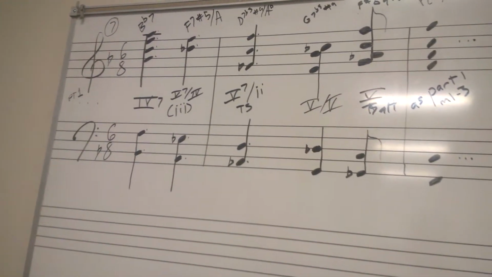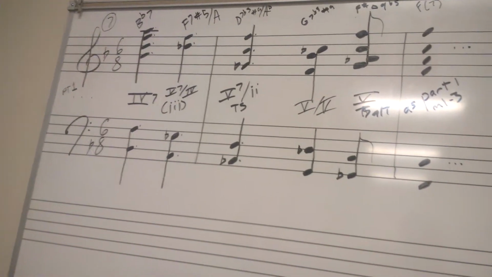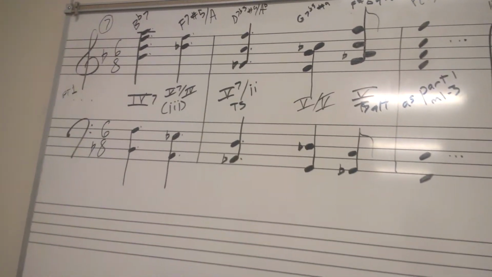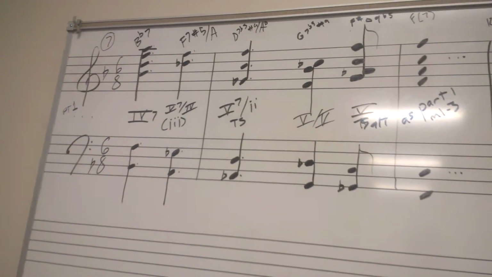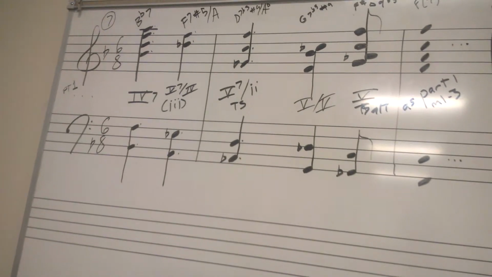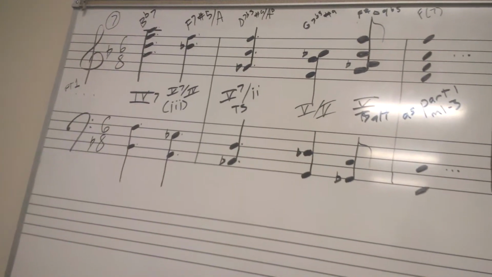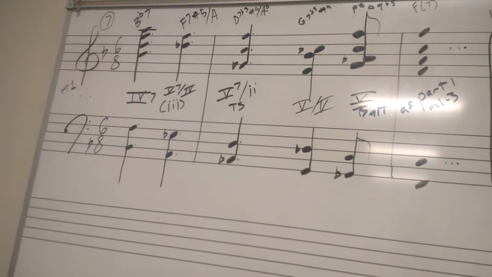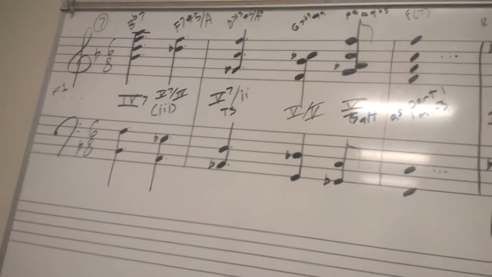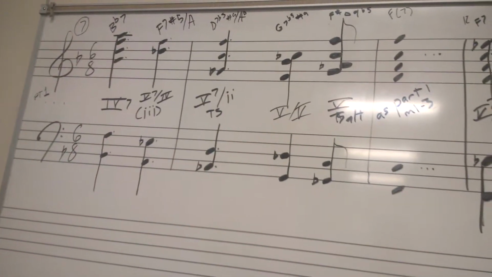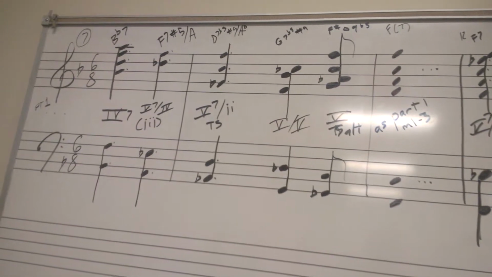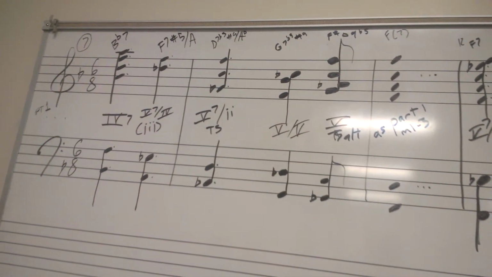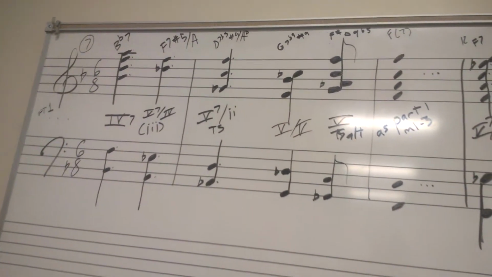Now, if you take away the alterations and look at the function, take away the chord quality alterations, as well as the ornamental alterations, you have F sharp 7. You have F sharp, A sharp, C sharp, E natural.